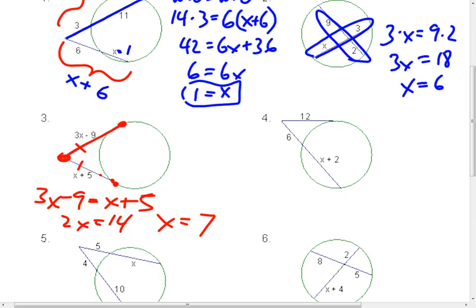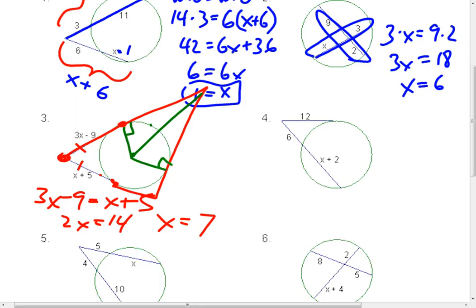What did we find? Why do they have to be equal? Remember when we were doing that on Circle Basics, and we had a situation where we had right triangles.